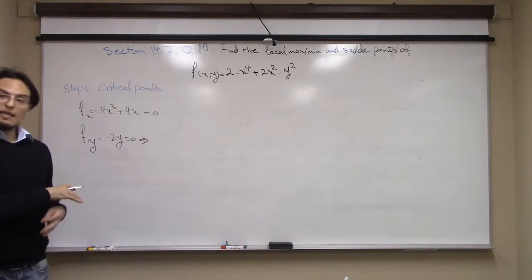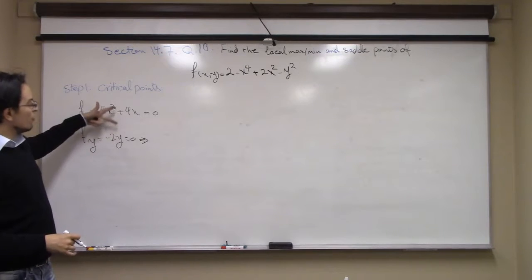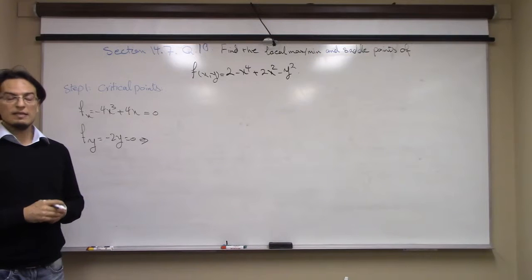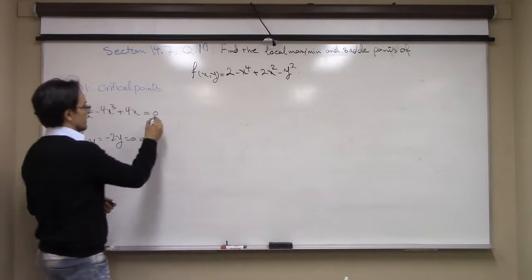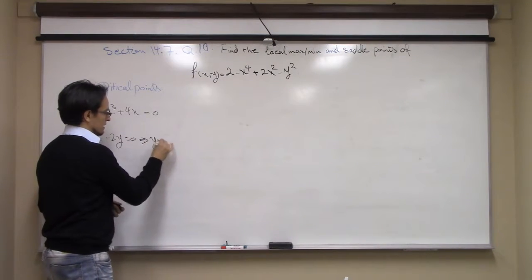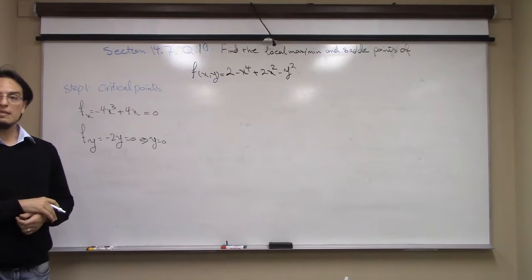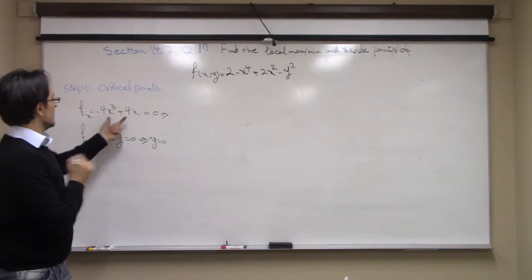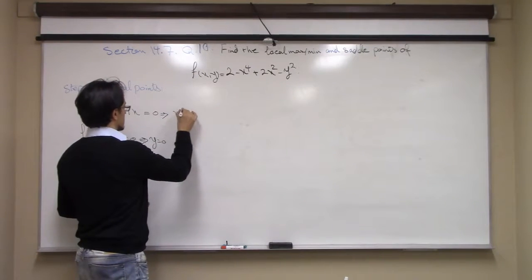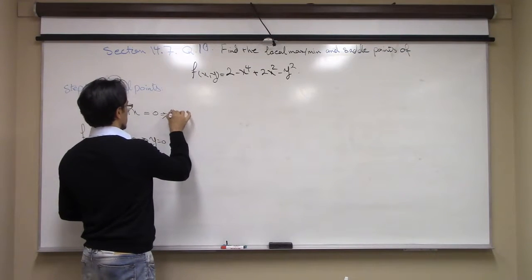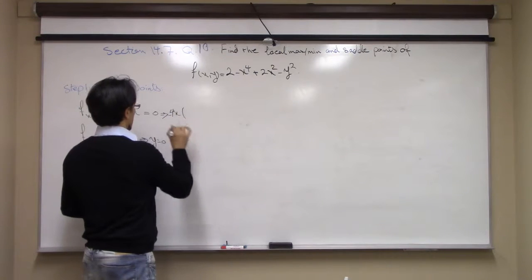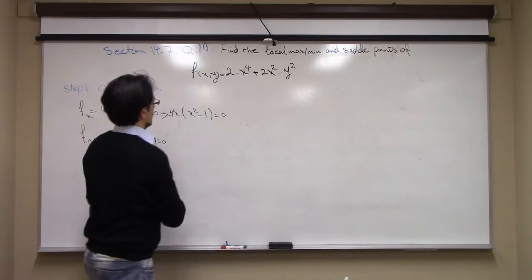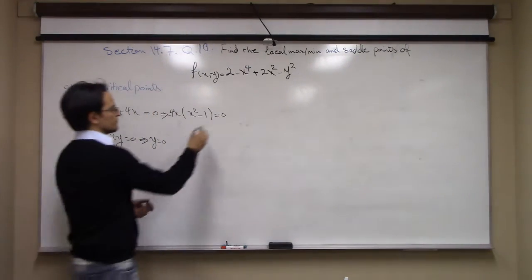This is an easy case, meaning that the equations are each in only one of the variables. So for this one, I can solve it easily. You can see that y is equal to 0. To solve this one, I can factor out negative x, and I get x squared minus 1 is equal to 0.